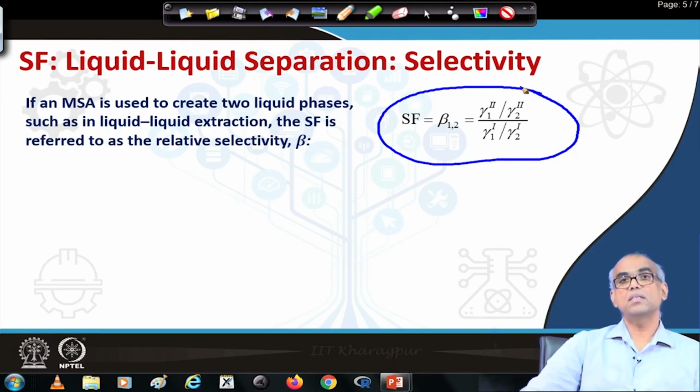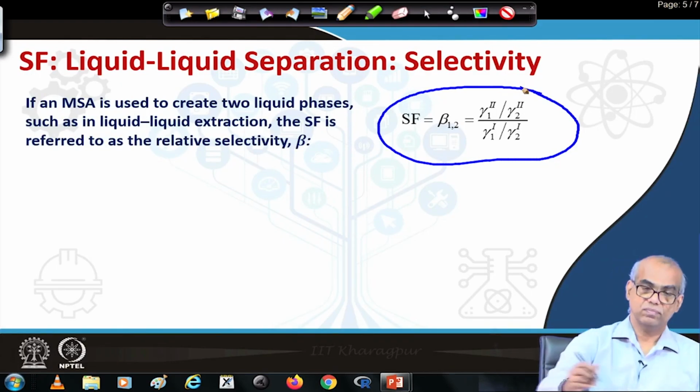So, again these are the ratios of activity coefficients of two components and in two phases.